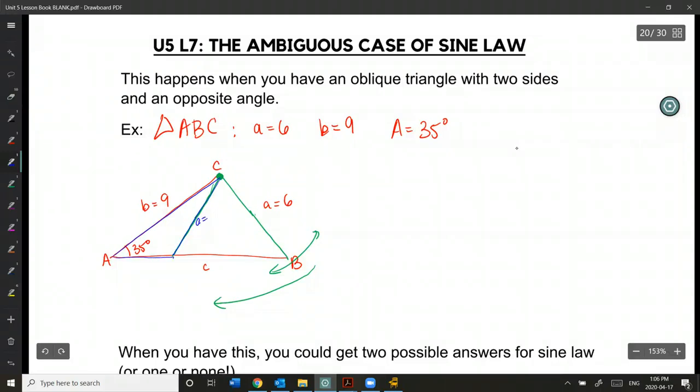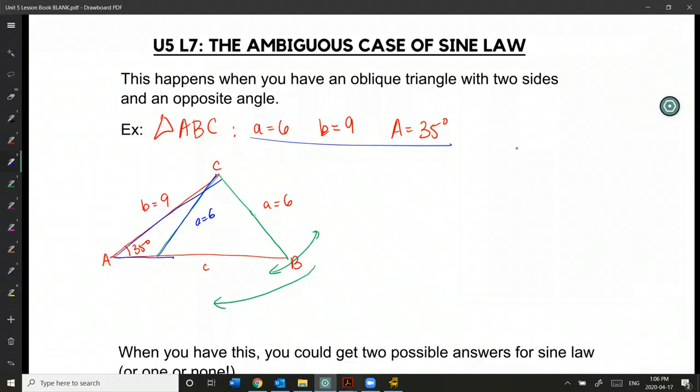So this will also be 6 units when it swings inside there. My picture isn't amazing. It's probably a little bit further inside to actually maintain that 6 units there. So probably more like this. So here's our second possible triangle right inside here. It still has the same measurements that were given to me up here, but it's an obtuse angle at angle B rather than an acute angle.